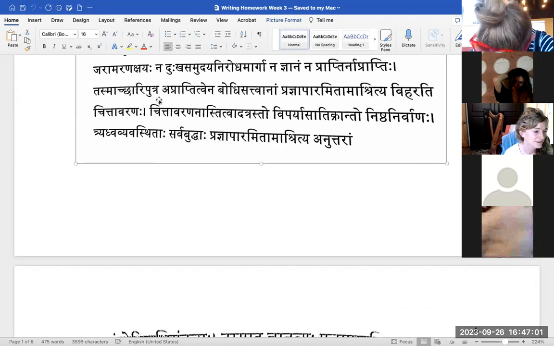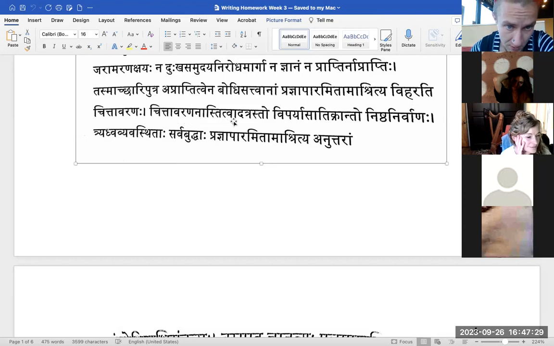Tasmat shariputra aprapnoti, or apraptitvena. Apraptitvena. Oh man. Bodhisattvanam prajna paramita mashritya viharati chittavaranaha, chittavaranastitva, nastitvat atrastaha.